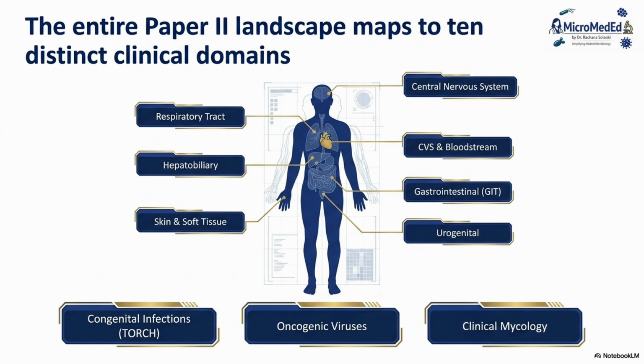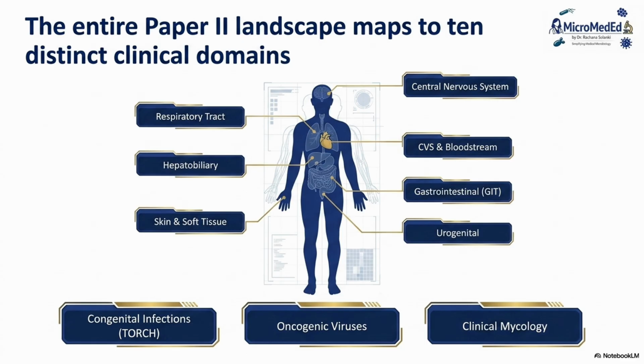Now, clinical mycology we are going to discuss in a while, but here I want to emphasize that clinical mycology is the part from which generally 10 to 15 marks of questions would come, and there are only 5 to 6 topics which you have to learn and remember. So it's easy to get these 10 to 15 marks by reading only these topics.